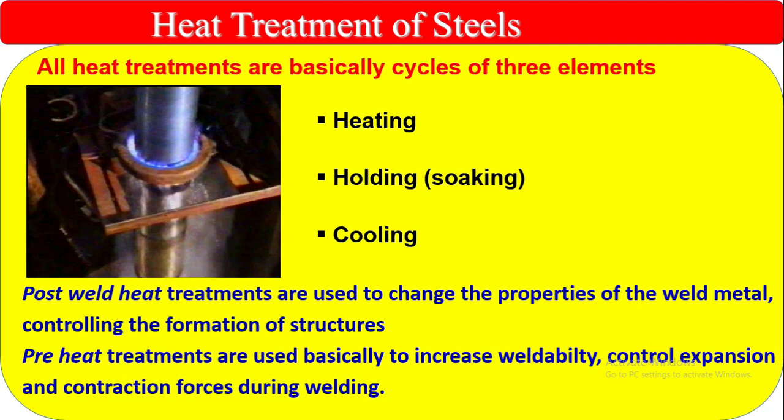Post-weld heat treatments are used to change the properties of welded metal, that is, controlling the formation of structure. What do we mean by properties? Properties means tensile strength, yield strength, ductility. These things will be improved after post-weld heat treatment. The formation of structure should be controlled by the post-weld heat treatment.